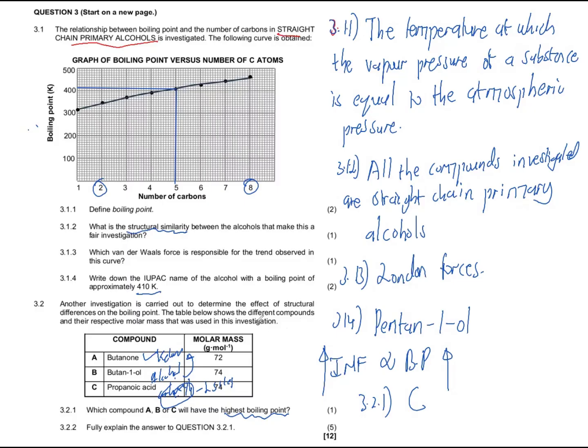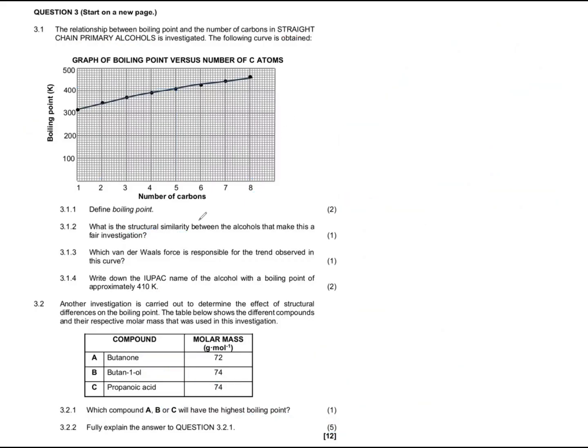And then fully explain the answer to question 3.2.1. And that was 5 marks, right? 5 marks. So, okay, this is how you must go about it. Remember, I did mention that if we are dealing with compounds that have different intermolecular forces, you always have to think of this acronym ICE, right?